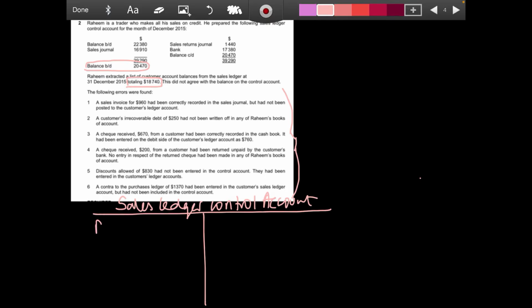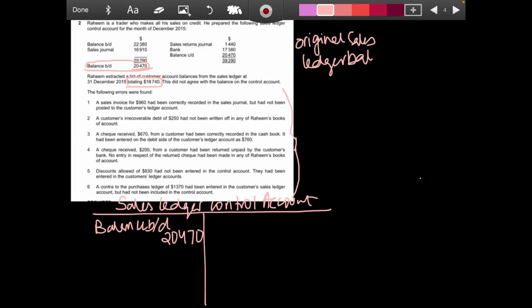The balance b/d is 20470, and the original sales ledger balance given in the question is 18,740.